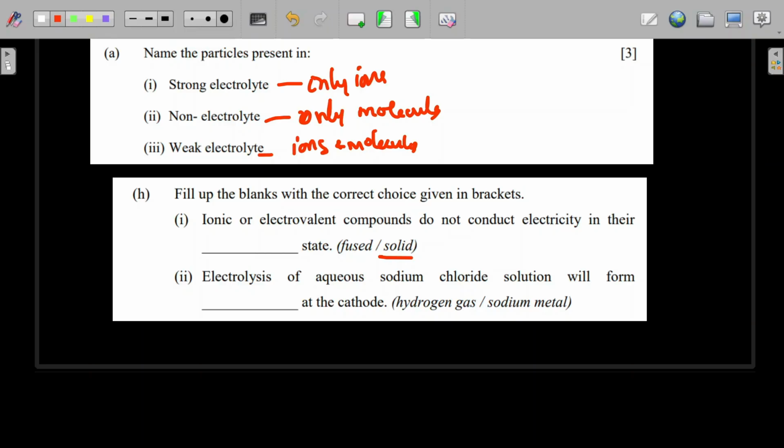Sodium metal you will get only if it is in the molten state, whatever substance you are taking. Instead of aqueous, if they had given fused, then sodium is correct. Otherwise it is incorrect.